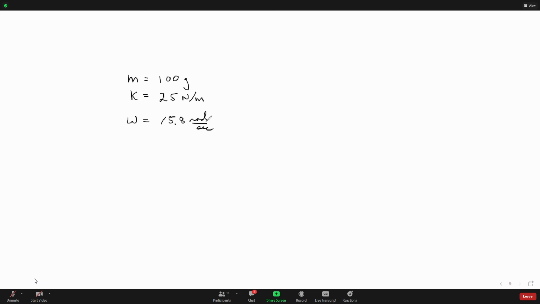Why are these notes wrong? Okay, that's right. It is 15.8. So it's the square root of K over M, so 25 over 0.1, square root.